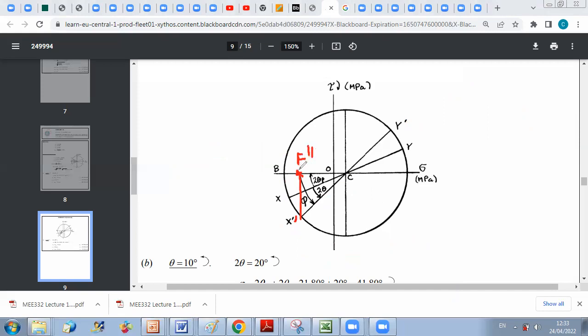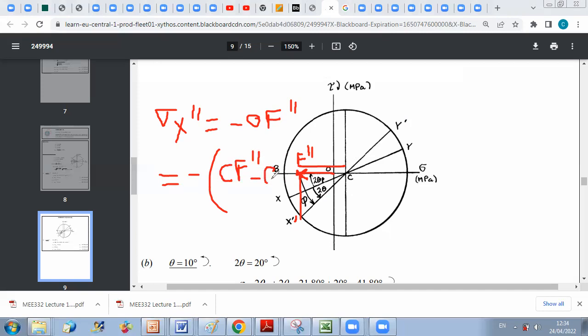And to get sigma X second, it is equal to minus the distance from O to F second, so minus CF second minus OC.